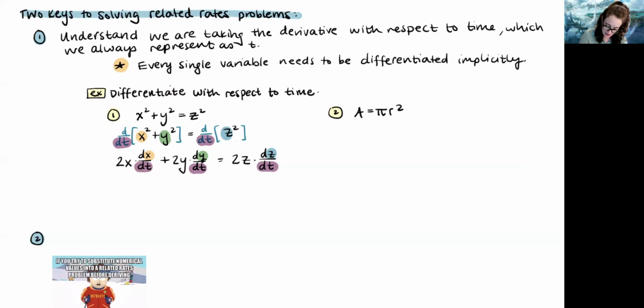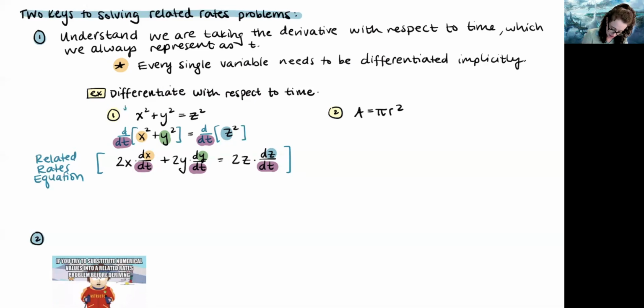So this right here is called the related rates equation. And it's based off of the equation that we started with.